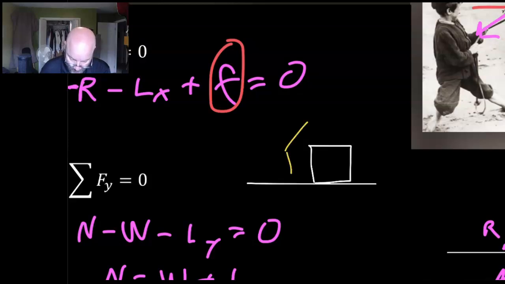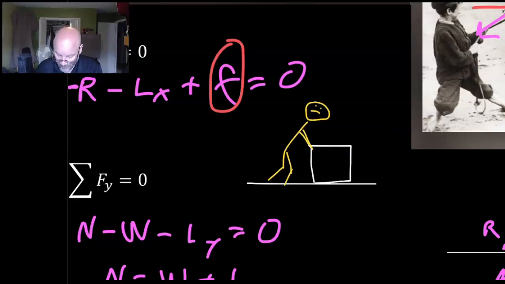So I'm here pushing on this crate. Not very happy. I'm not very happy because I'm pushing downward like this. And that downward effort is going to increase the normal force, which means that I'm increasing my friction. Okay, so that's not cool.